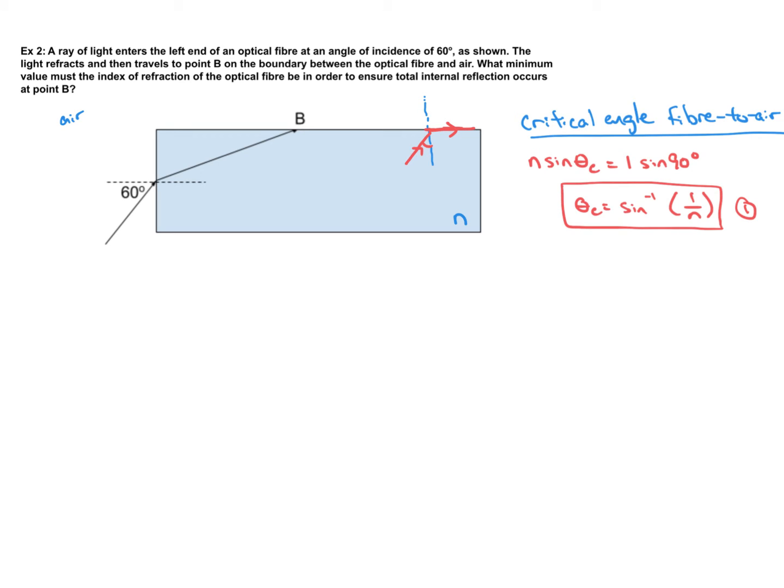Next, I'm going to analyze the refraction that occurs on the left side of this fiber optic cable. So this angle here, I'm going to call that theta 2. With Snell's law, we'll have 1, the index of refraction of air, times sine of 60 degrees, the angle of incidence, equals n, the unknown index of refraction of the fiber, times sine of theta 2.